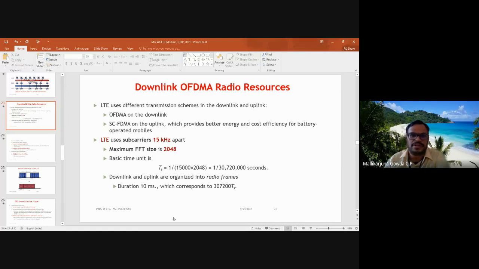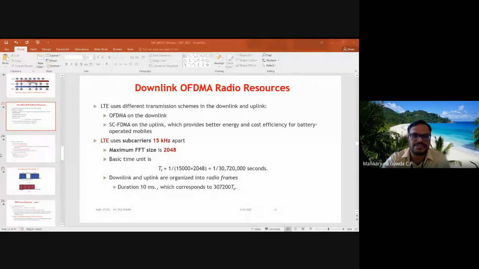I hope, is it possible to say, Aditya Datta, what is the type of multiple access used for uplink and what is the type of multiple access used for downlink? Aditya Datta. Hope Datta is there. Yes, Aditya Datta, I'm asking.